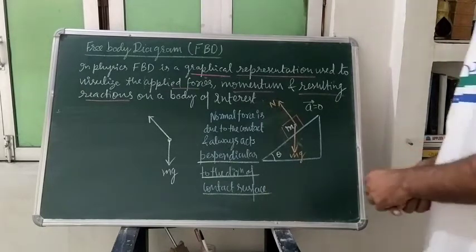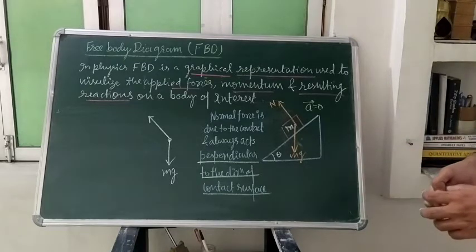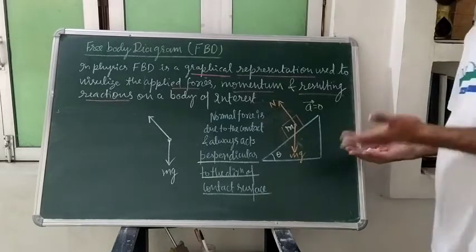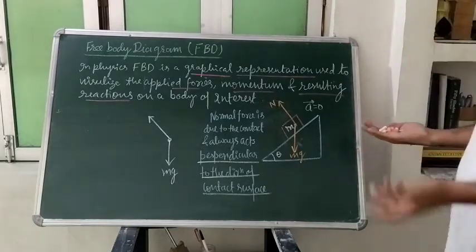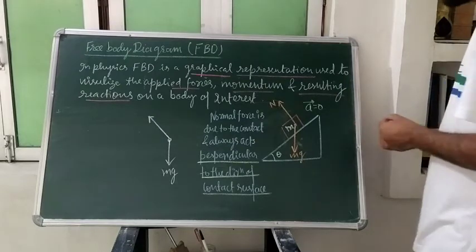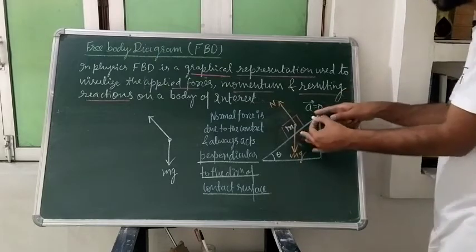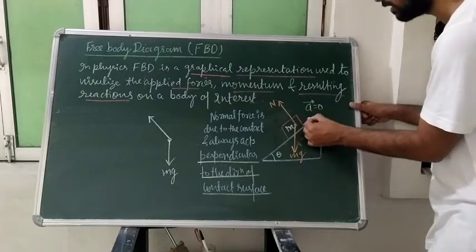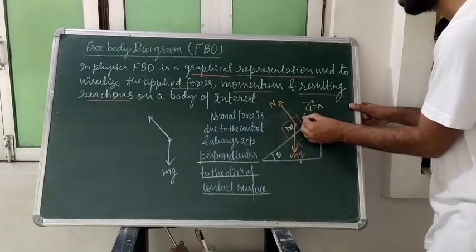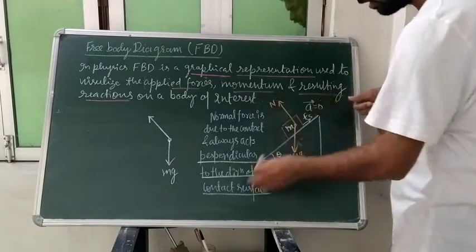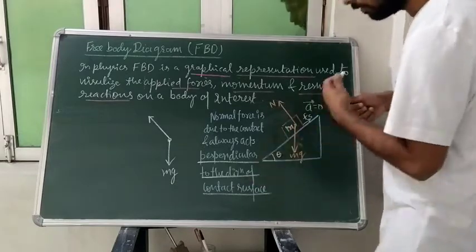And what are the other forces acting on it? I am making it frictionless. But if friction is there, the block is at rest, so a kind of static friction, F of S. You will look by your sense and say that it can move along this direction.